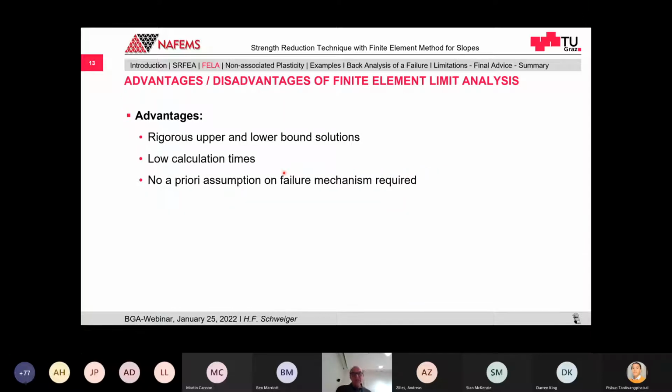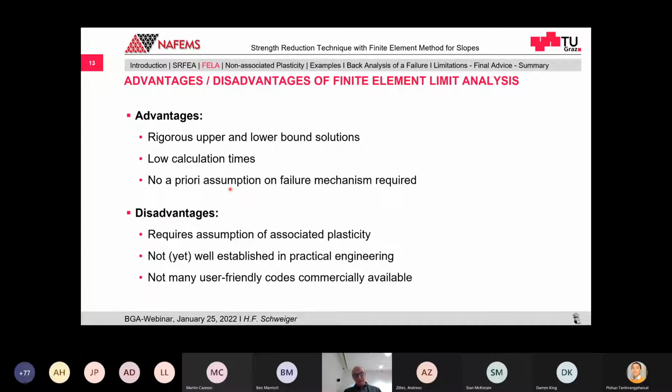Okay, now what are the advantages? You have rigorous upper and lower bound solutions. You have relatively low calculation time, and you also do not need to make an a priori assumption on the failure mechanism required. The disadvantage is you can use it only with associated plasticity, so that's an inherent assumption of limit analysis.